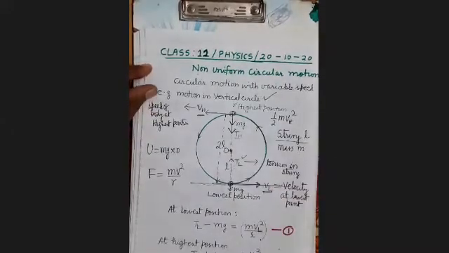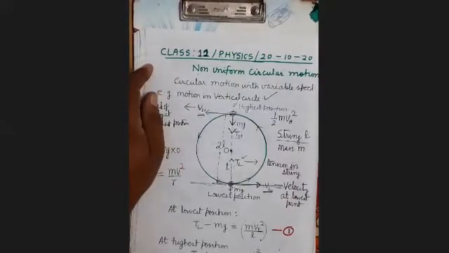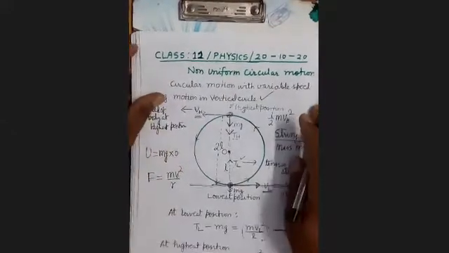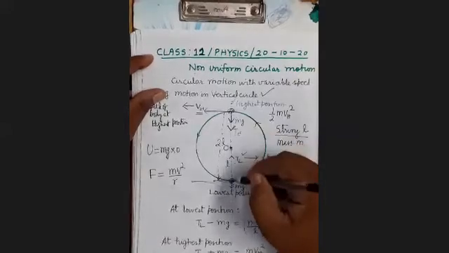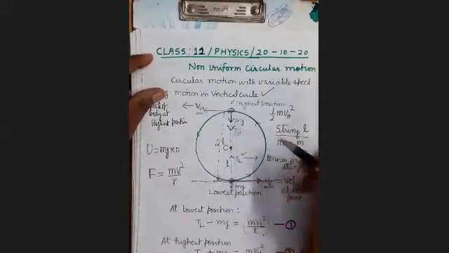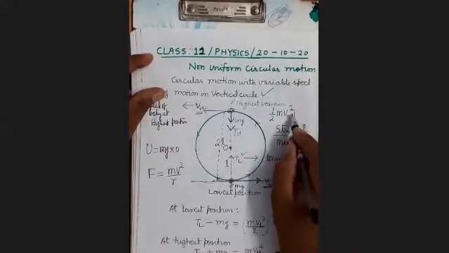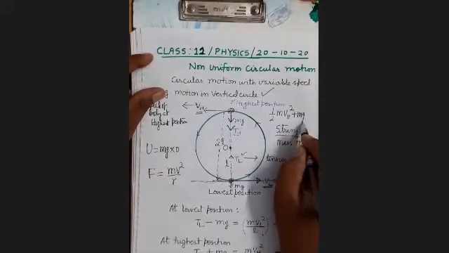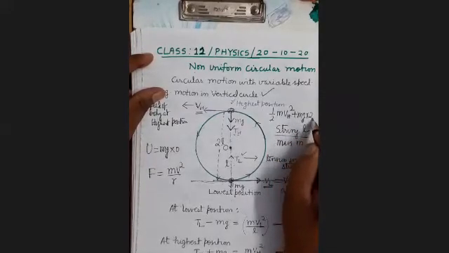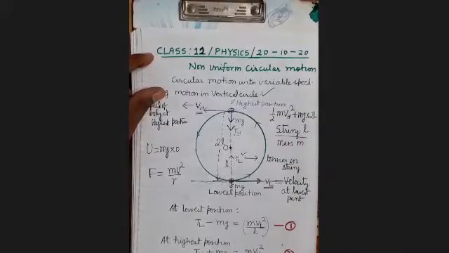What will be the potential energy? You can see here, it is at what height from the zero level? It is 2L. So potential energy will be m into g into h, and h is 2L.